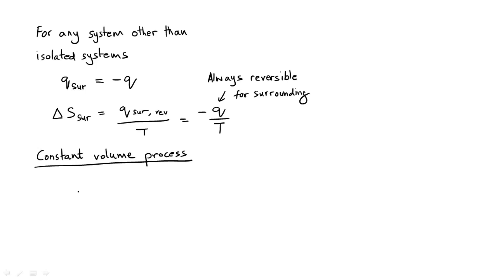Assuming the work to be of only the pressure-volume type, if delta V is equal to 0, that is, there is no change in volume, then the work done is 0. Then, from the first law of thermodynamics, dU is equal to q.